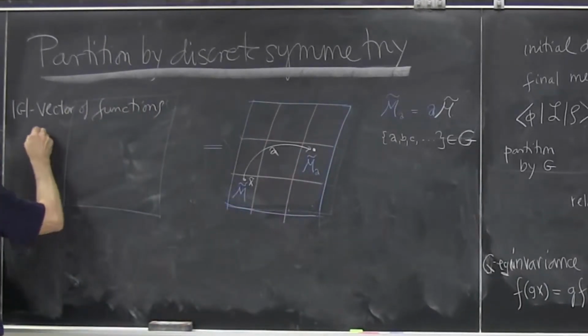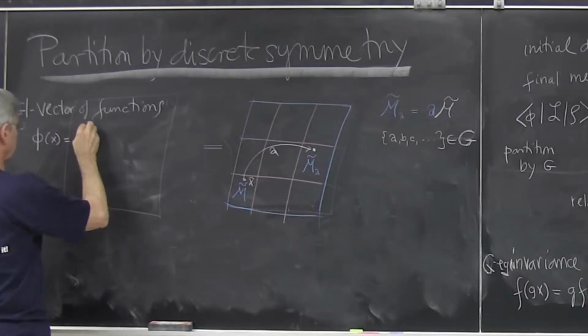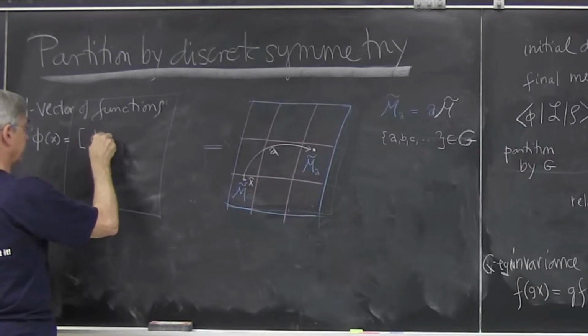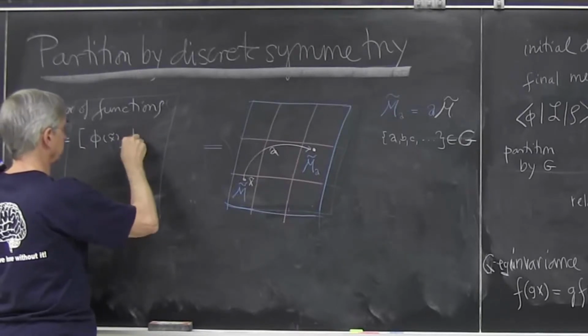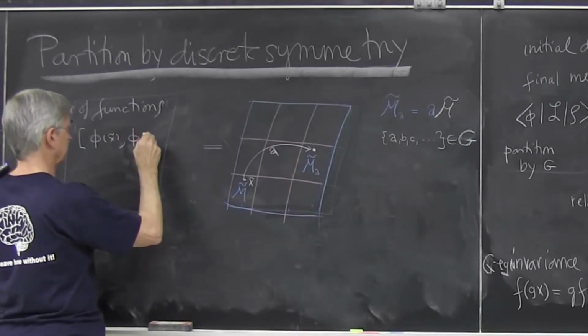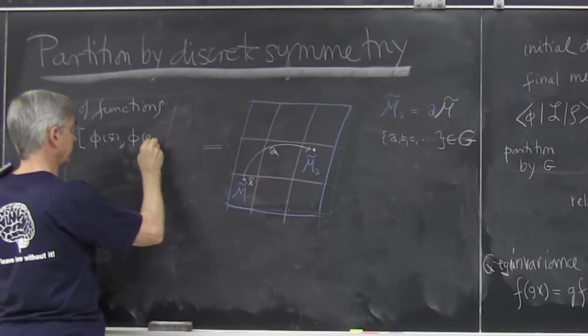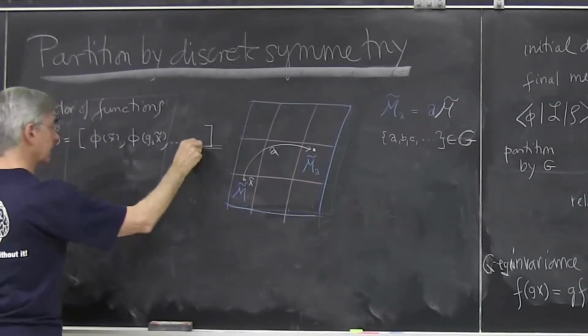I can write function phi of x as phi evaluated on the fundamental domain, phi evaluated on the first image, G1 of fundamental domain, a finite number of components.